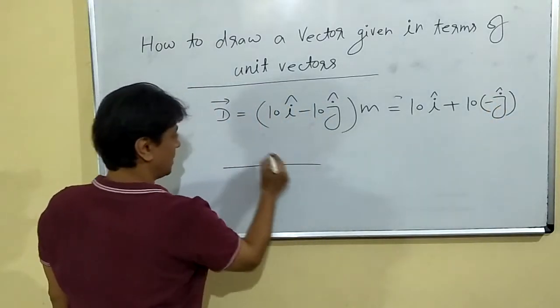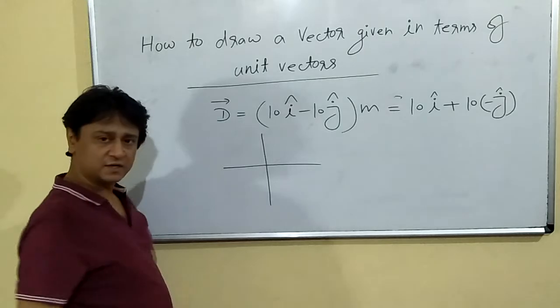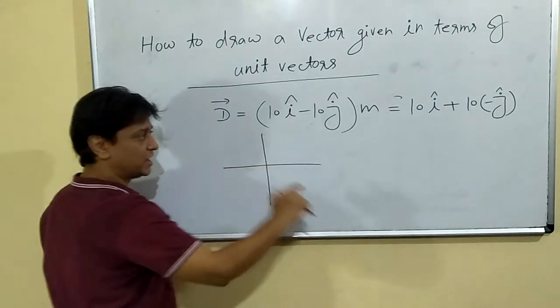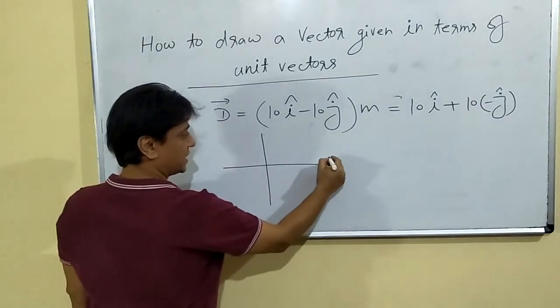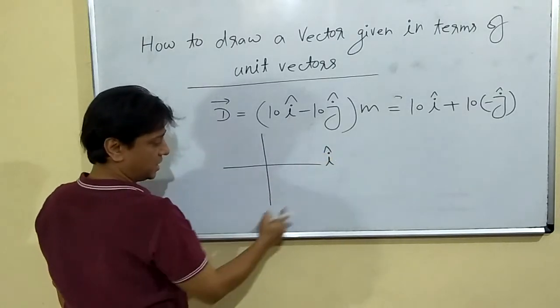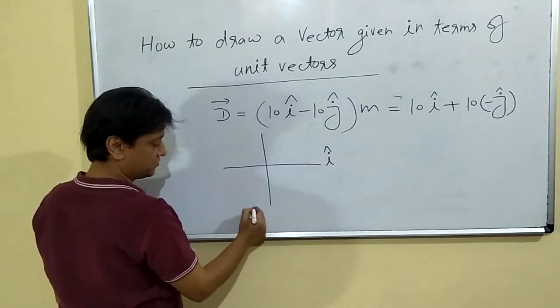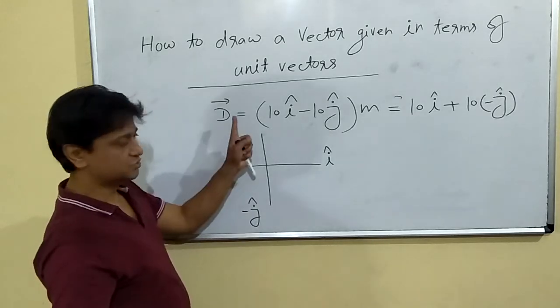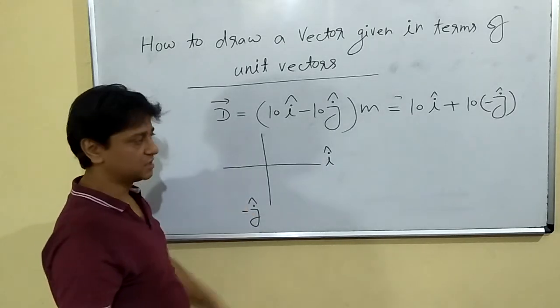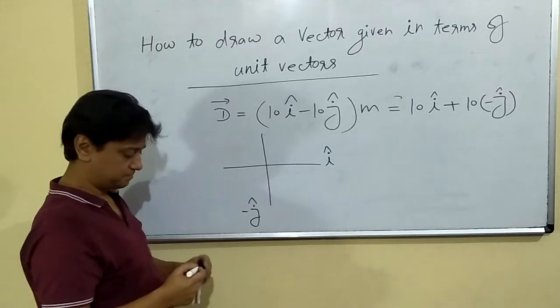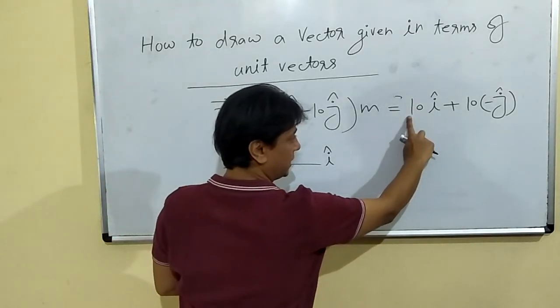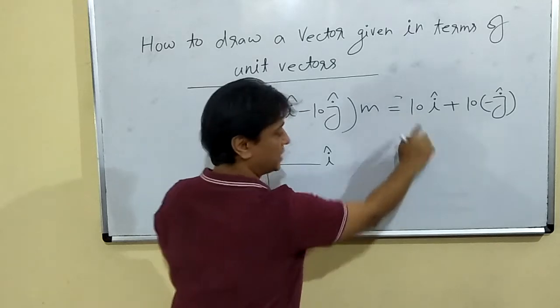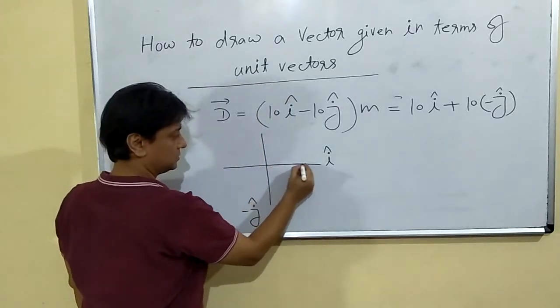Now, draw the x-axis and y-axis. We are interested in I cap and minus j cap. This direction is I cap, and this direction you know is minus of j cap. This is j cap, and therefore this is minus j cap. अब I cap में एक arrow draw कीजिए whose length is 10.